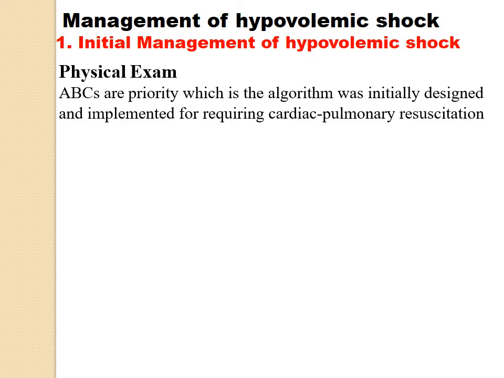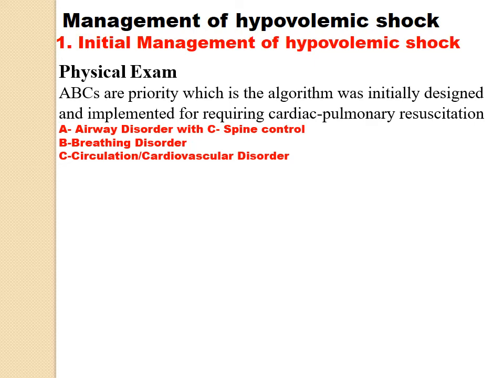It is an algorithm initially designed and implemented for cardiopulmonary resuscitation. What is the meaning of ABC in this algorithm? A means airway with C-spine control, B means breathing, and C is circulation or cardiovascular status.